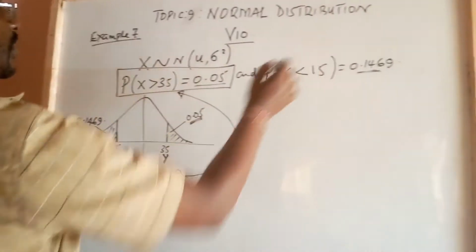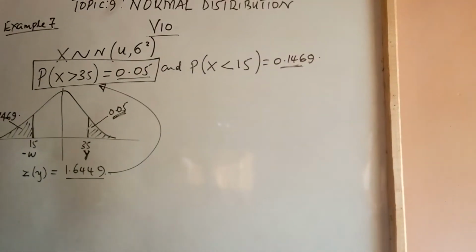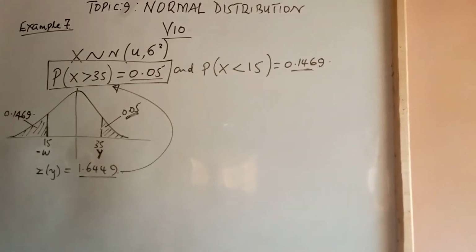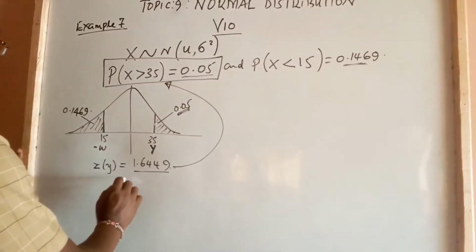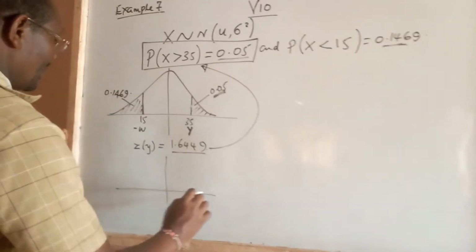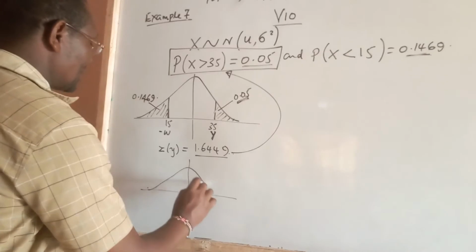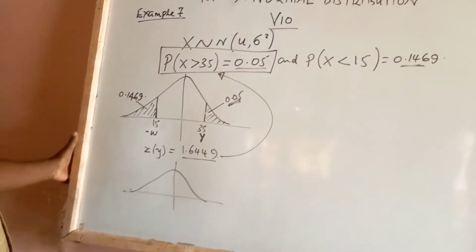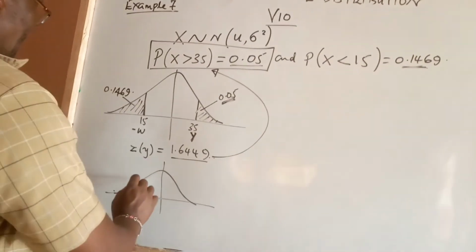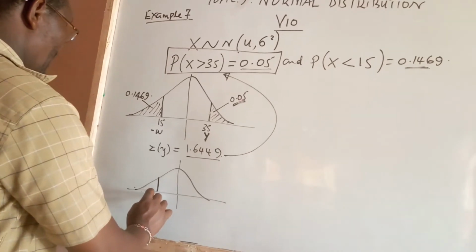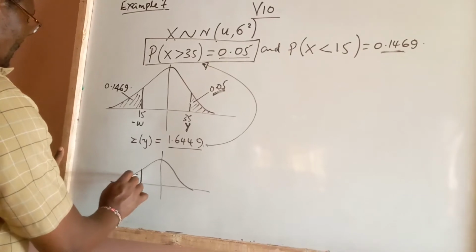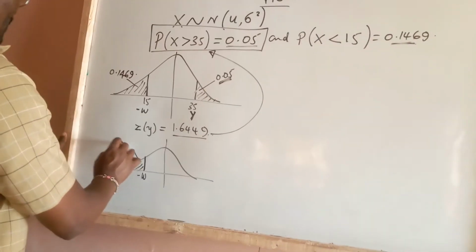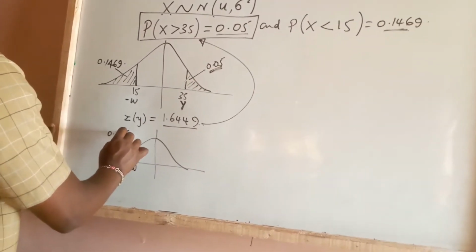So let's go to when x is less than, let's go to w. If we have a diagram that represents just that portion, we are talking about less than, whereby we have our w there, which is obviously going to be negative, and this region is 0.1469.